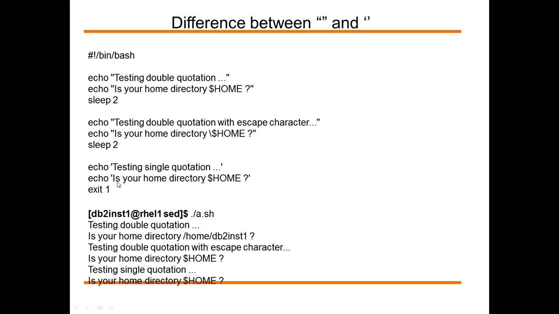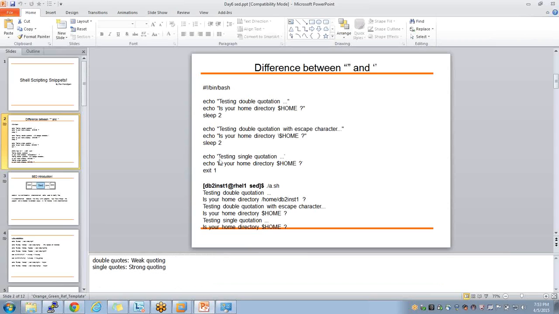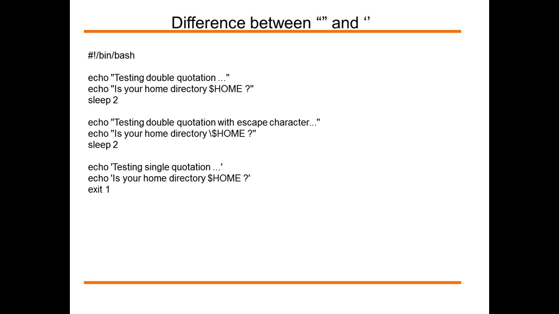In single quotes, no replacement happens inside. That's why we call double quotes weak quotes and single quotes strong quotes. Going forward, we use these double quotes and single quotes as part of SED and AWK more frequently, and I just wanted to clear the difference.